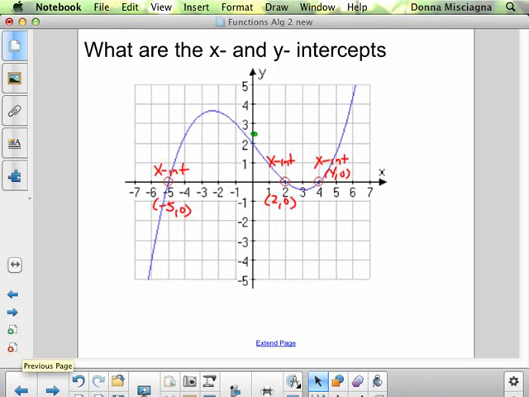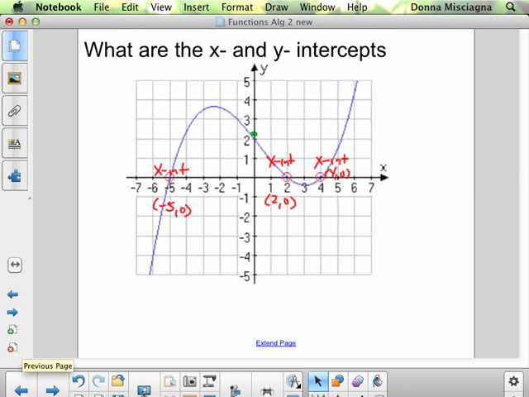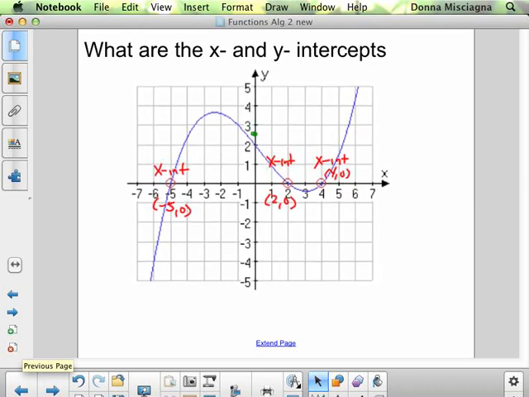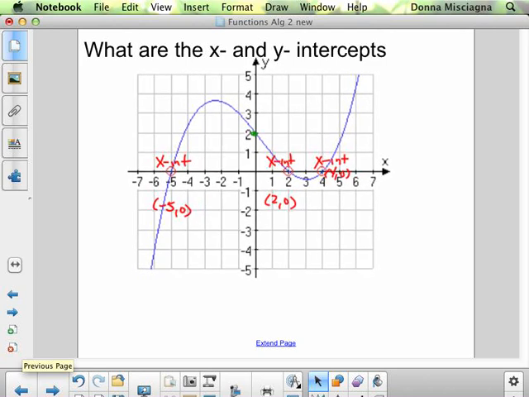That's where my pen was going in the right spot, but where my dot ended, oh come on. How about we do that? I think that's still okay. It's being persnickety, the board. There we go. Okay, the y-intercept is the point (0, 2). Right up the middle is hard to read, so I'm going to write it down here.